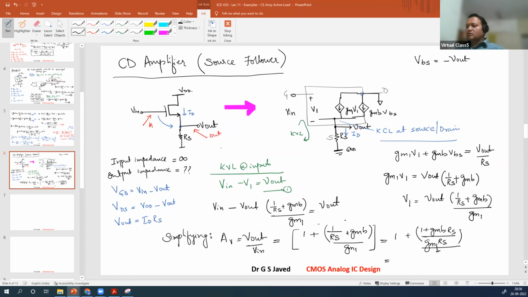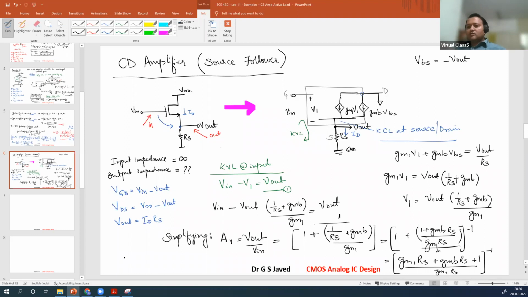Now if you further simplify this, you will get, sorry, 1 over. So this value will be gm1 RS divided by (gm1 RS plus gmb RS plus 1), whole inverted.